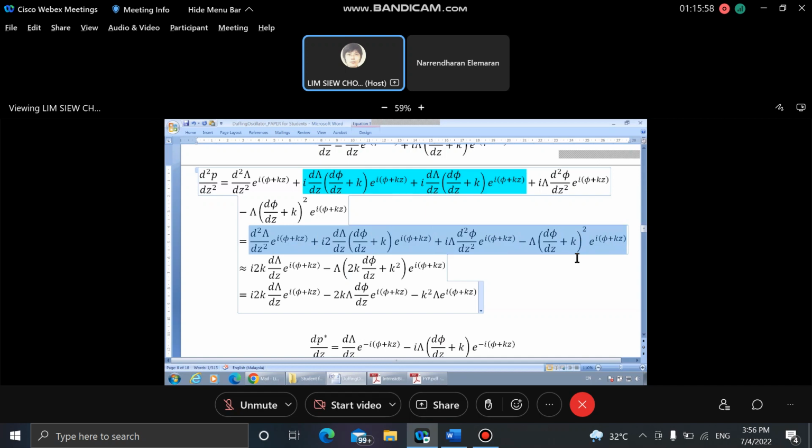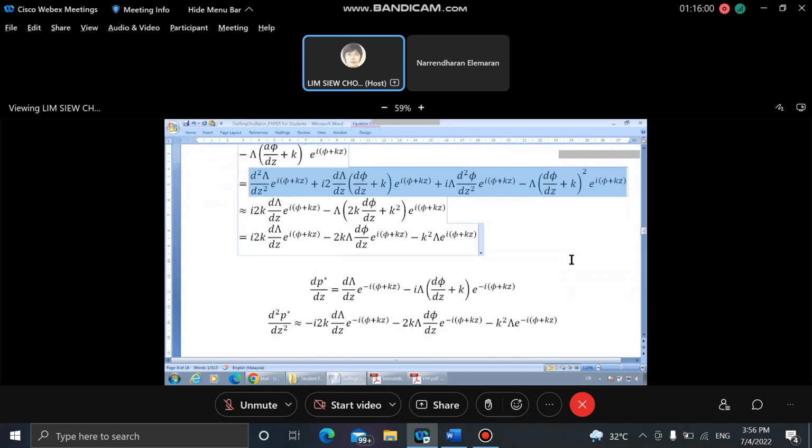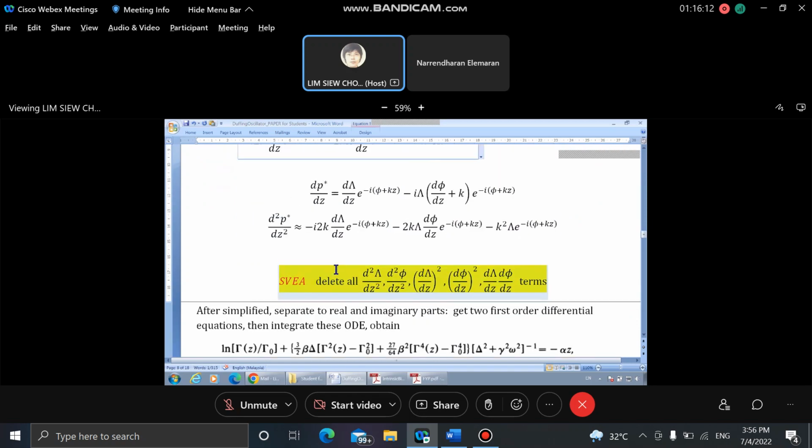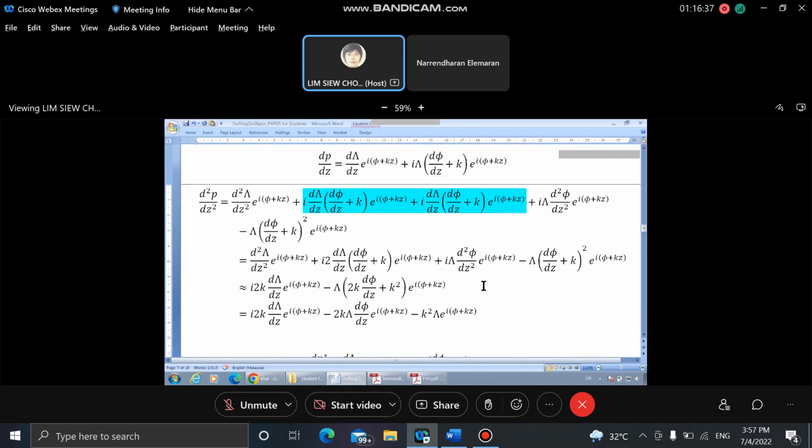And after this, you apply the slowly varying envelope approximation, SVEA. SVEA means that you delete all the terms with the second order derivative, whether the d2 gamma, or the d2 phi over dz squared, or products of these. Once you see the dz squared, then you delete the terms.